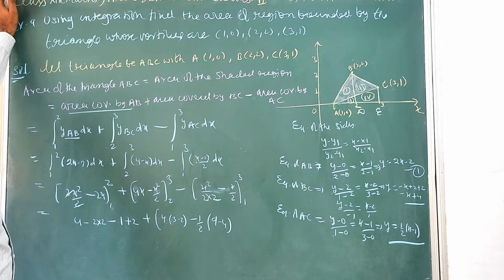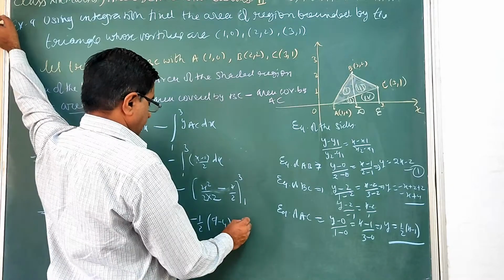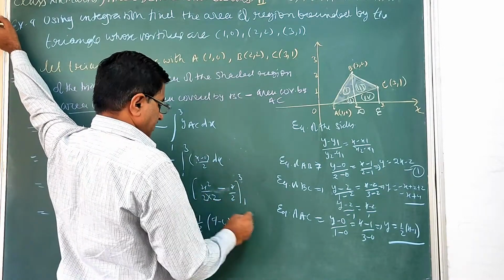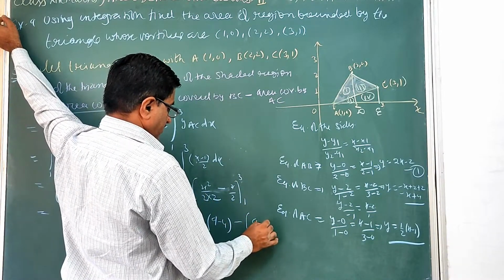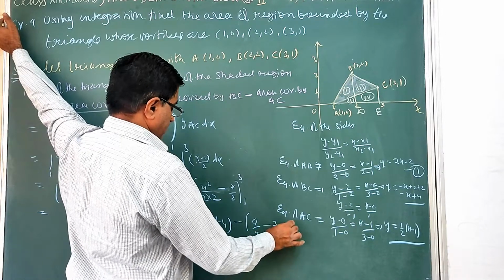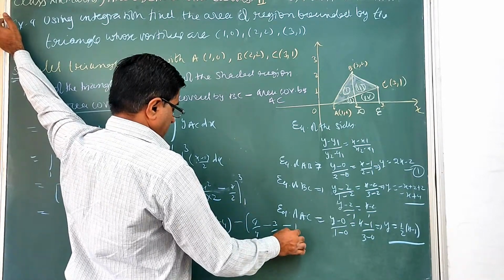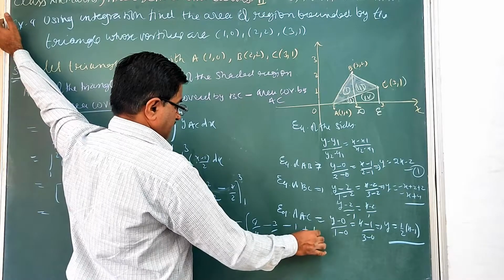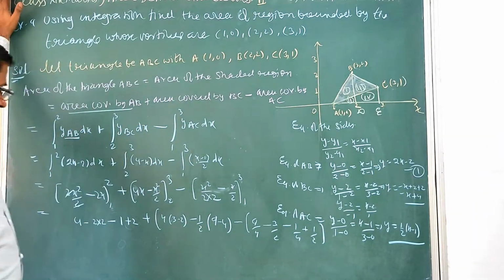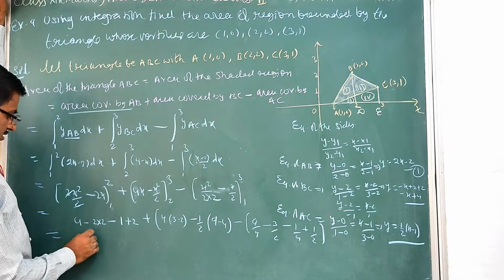So in this way you can find the value: minus 3 square, that is 9 by 4, minus 3 by 2, then minus 1 by 4, then minus minus plus 1 by 2. So this is a very easy calculation. You can easily solve.